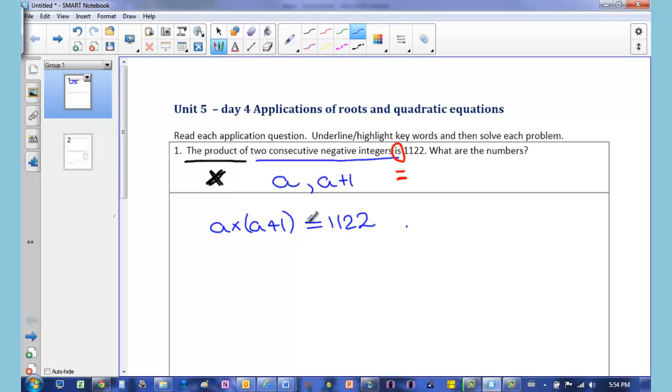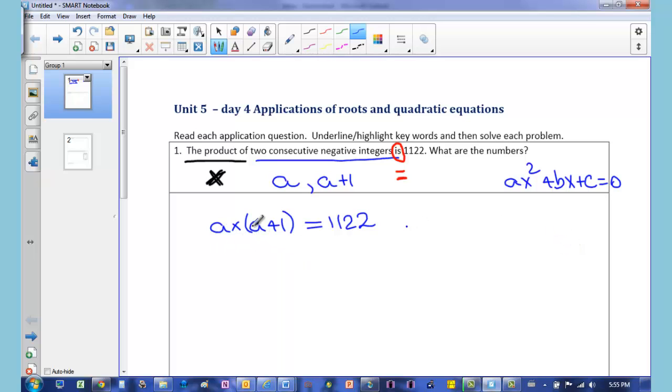Whenever you're in a situation like this, between standard and factored, between standard and vertex, I would like you to expand and rearrange your entire equation back to standard form, which is ax squared plus bx plus c. And if you remember a couple of lessons ago when we went through the different cases of those quadratic equations, we can determine how to solve them once we rearrange it into standard form.